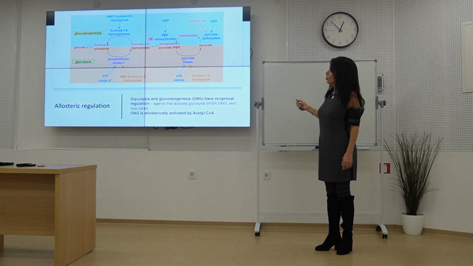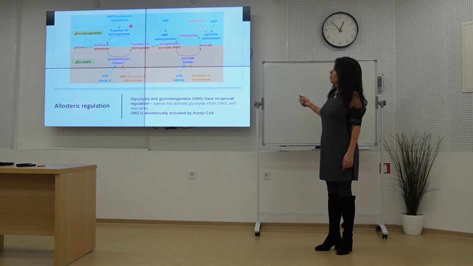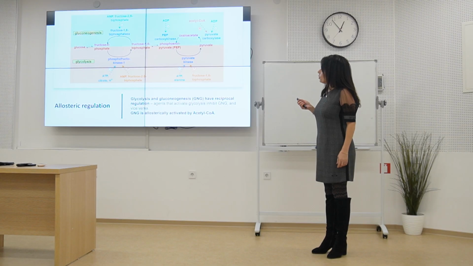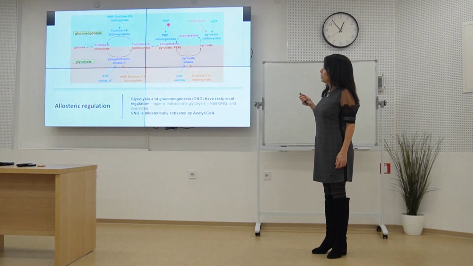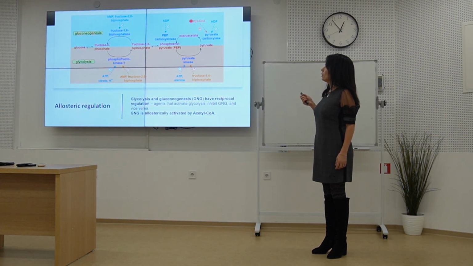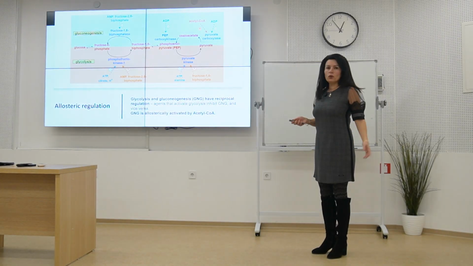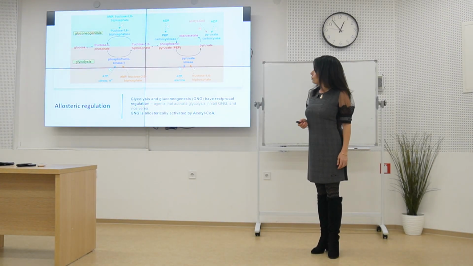Above is gluconeogenesis. These are the inhibitors, as we said, fructose 2,6-bisphosphate and AMP. Actually, students, ADP inhibits both of the enzymes, but the only activator is acetyl coenzyme A. And that's all about the allosteric regulation of gluconeogenesis.